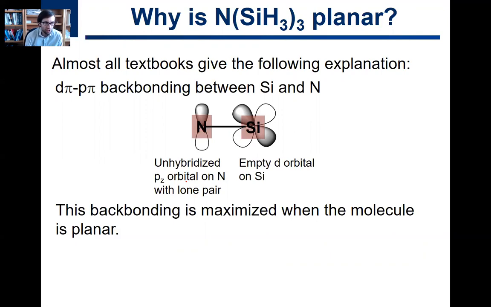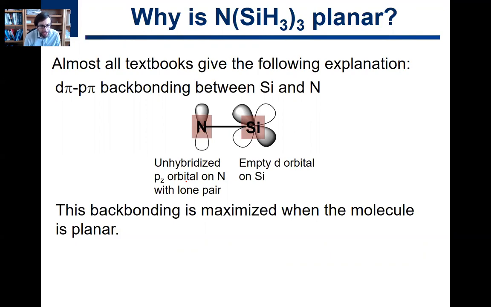And so VSEPR has already failed if you use this line of thought, because molecular orbital theory, as we'll see in chapter 5, is based upon quantum mechanics. So that's a quantum mechanical theory, and VSEPR isn't. So as soon as you start invoking molecular orbitals, you have invoked quantum mechanics, and that's kind of beyond the purview of VSEPR.